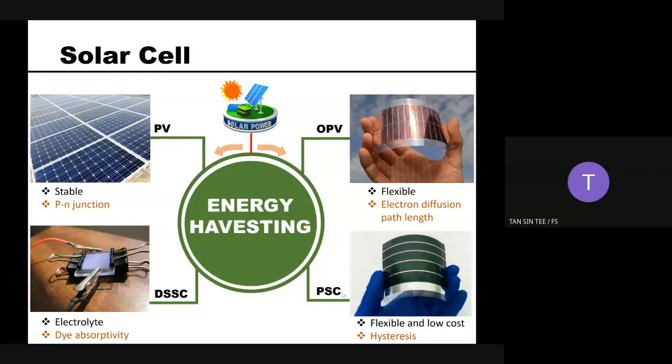Recently people have tried to invent the PSC, the perovskite solar cell. It also comes with flexibility if you are making a hybrid perovskite solar cell. But the problem is that it has a very high hysteresis issue.